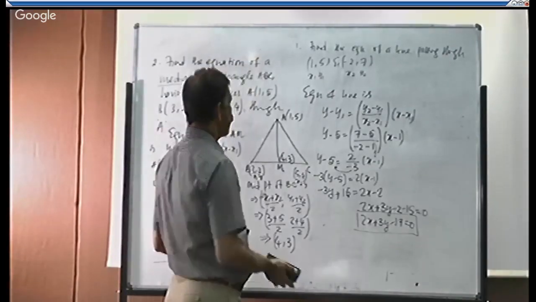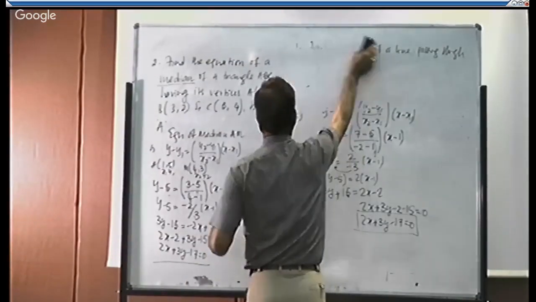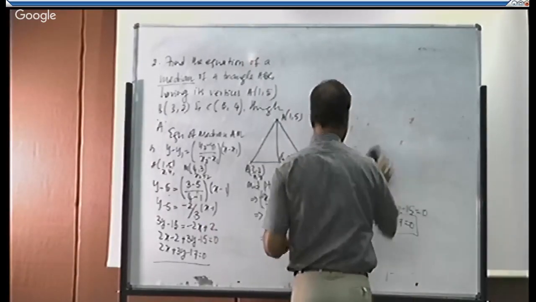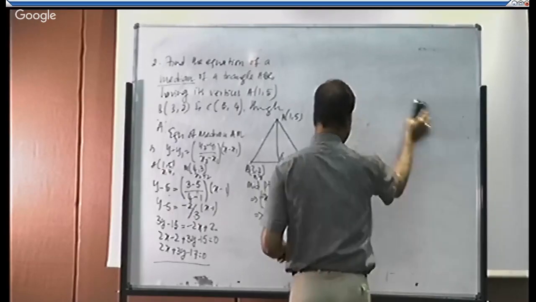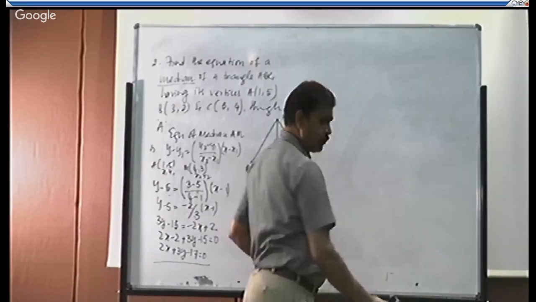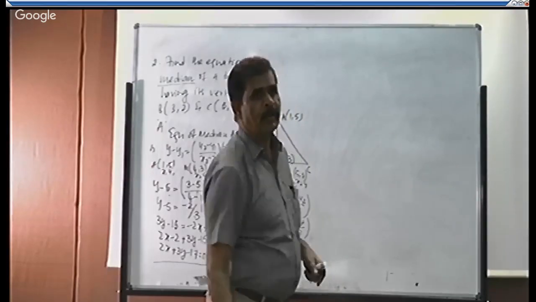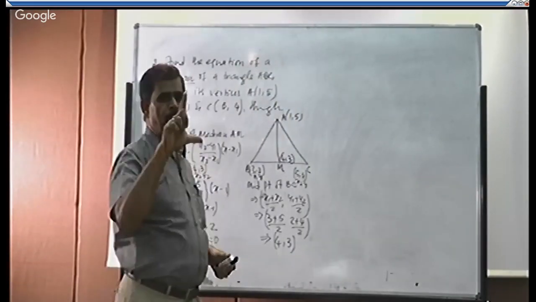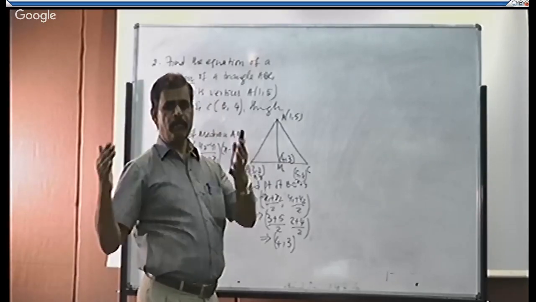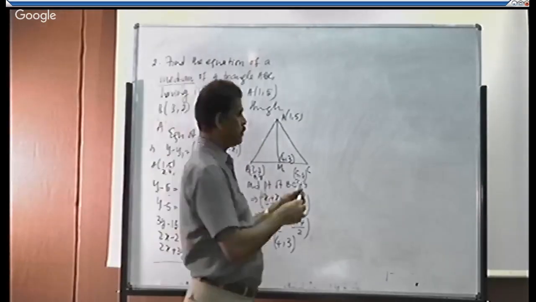Sometimes for the 2-point formula, the question may be asked like this. They may give two vertices of a triangle. They may require the equation of any one side, AB or BC or CA.